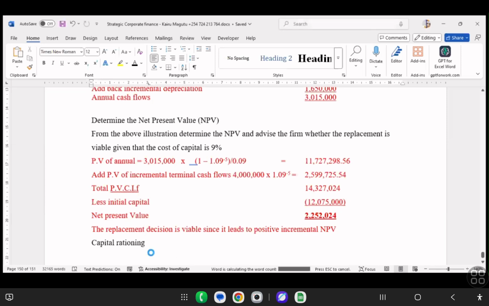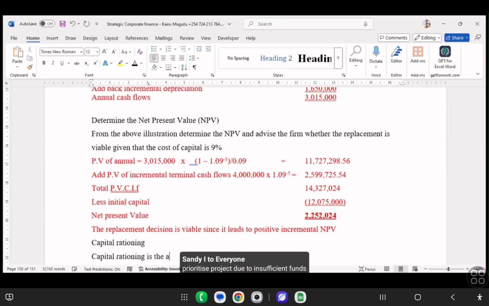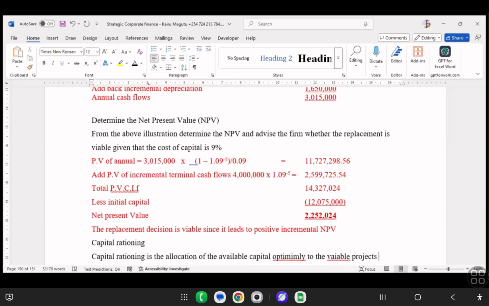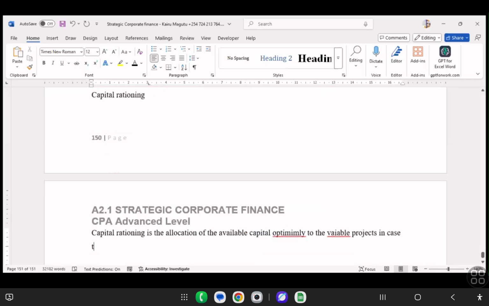So we say that capital rationing is the allocation of the available capital optimally to the viable projects in case all the viable projects cannot be undertaken.